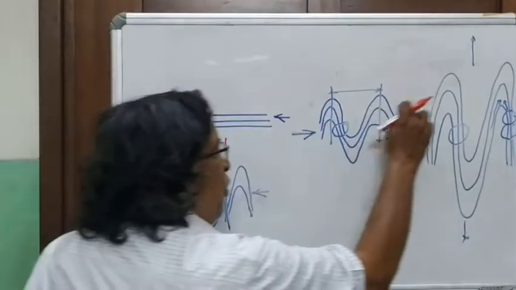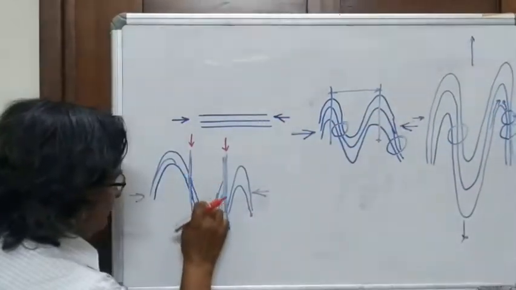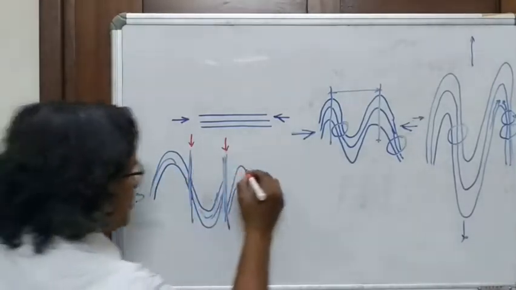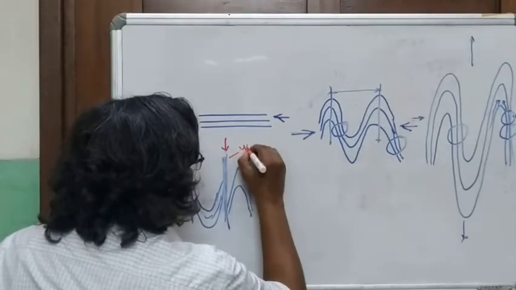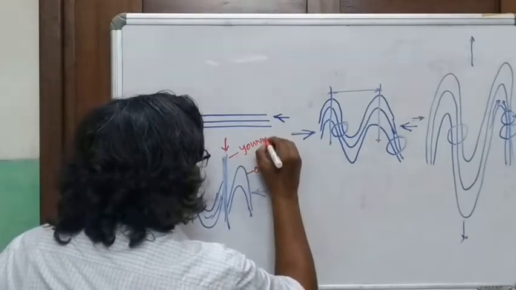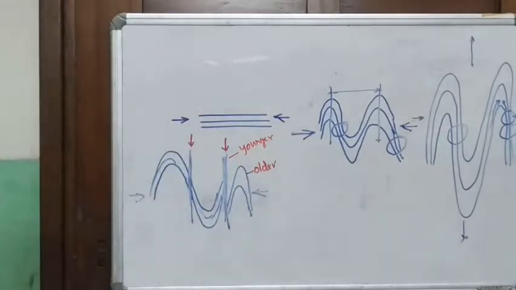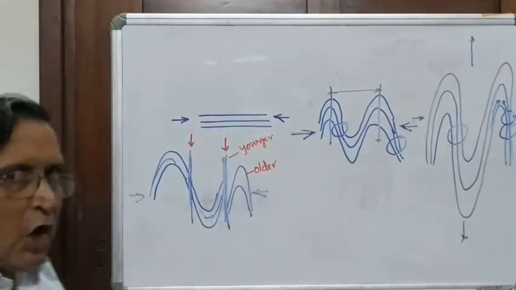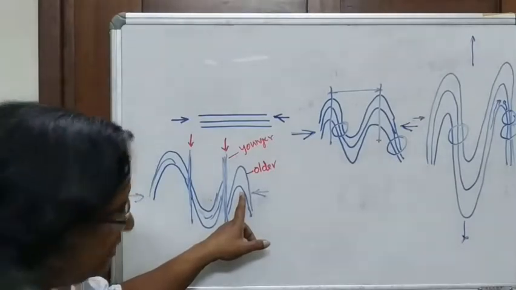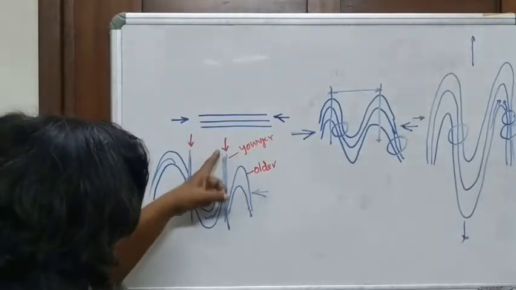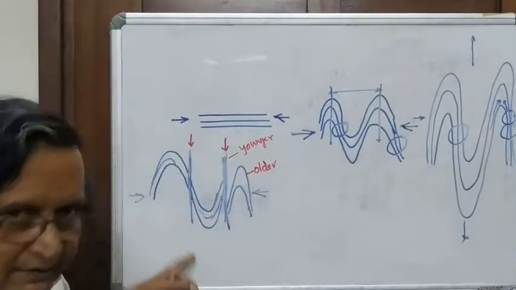This was the older foliation. This is older, this is younger. Have you understood? So now you have got two cleavages. This is an older foliation cleavage, and this is a younger foliation cleavage.